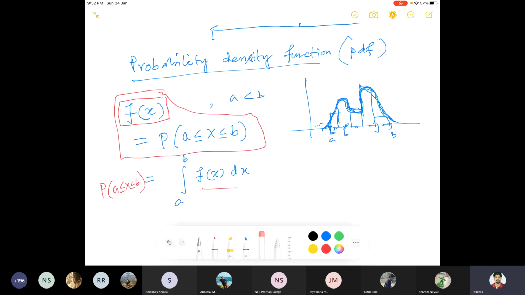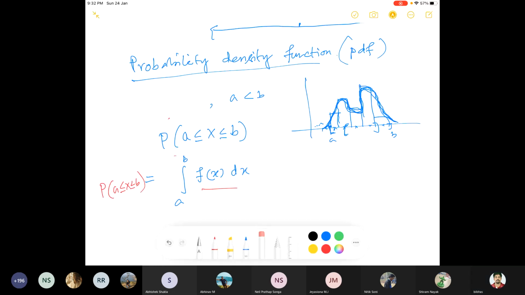So this is wrong. Our goal is to find this probability. Let me write it this way. So the goal here is to calculate or define probability for events of this kind, like a less than or equal to X less than or equal to b, where X is the random variable here.